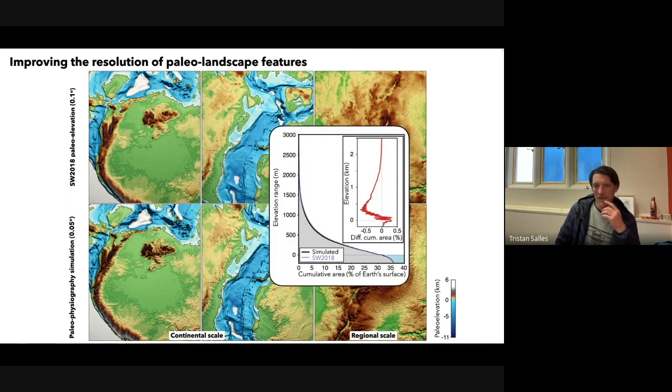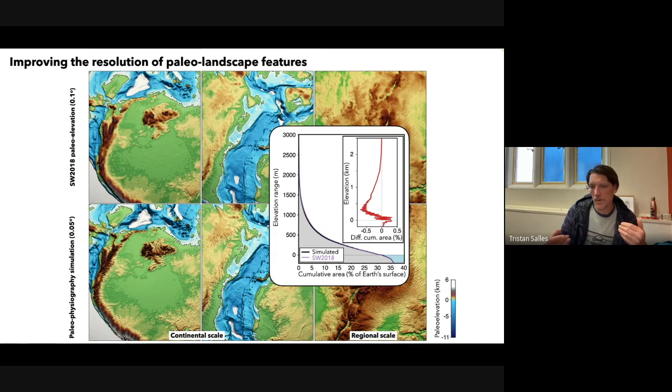And basically, the idea is that if you compare the top and bottom elevation, there is much more information in the one at the bottom, but basically they have the same kind of elevation range distribution.